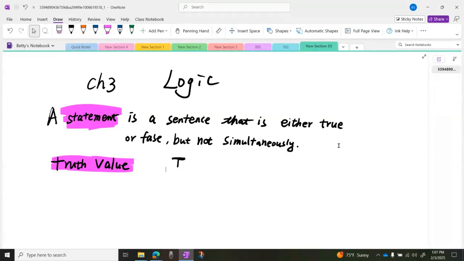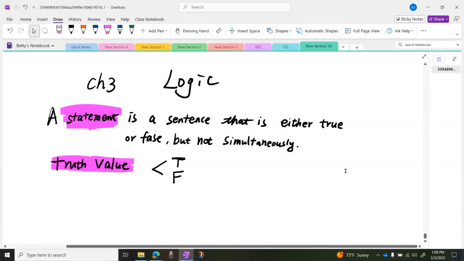If a statement tells a lie, then the statement is a false statement, and the truth value of the false statement is F. F is the initial of the word false. So the statement is either a true statement telling a fact or a false statement telling a lie. It's not possible to be both. Okay, so that's the definition of a statement.